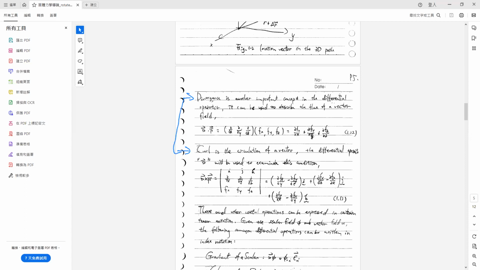Divergence of a vector can be described in this form: it's the vector (∂/∂x, ∂/∂y, ∂/∂z) dot (fx, fy, fz), if the vector F equals fx i plus fy j plus fz k.